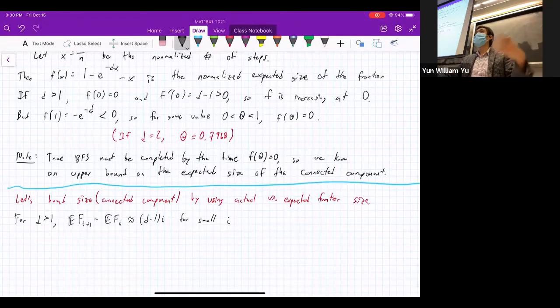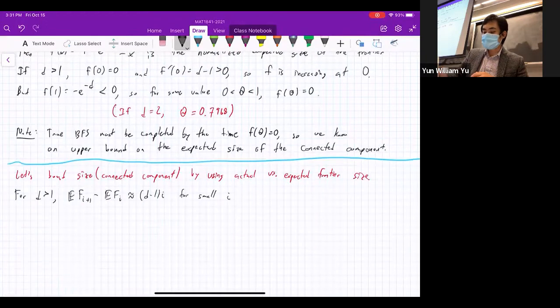And that's something you can compute because we're generating our edges on an as needed basis. So you look at the remaining nodes in your graph, and then you ask, how many of these do I expect to add to my frontier when I explore one new node? It's basically just the expected number of new edges that you see. This is because each new node adds d minus 1 new neighbors to the frontier.